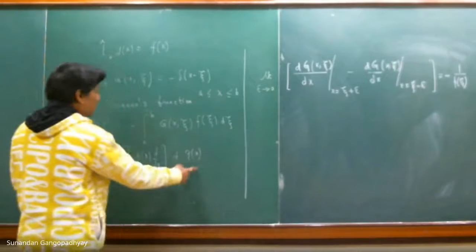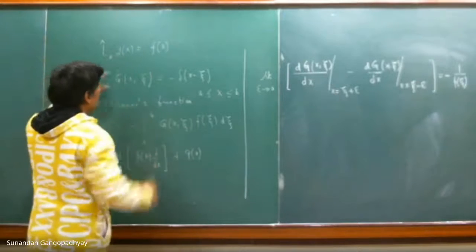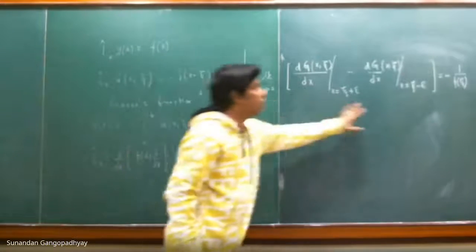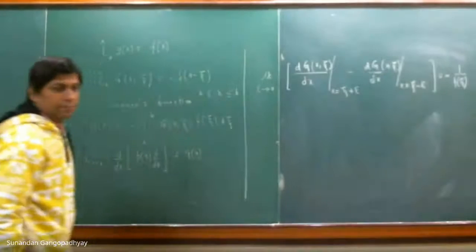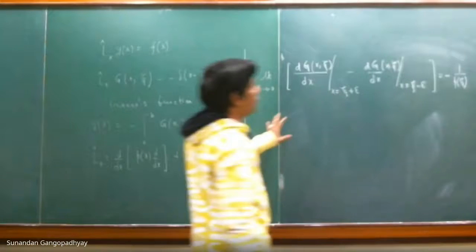So you take this form of the operator, put it over here, and then you do an integration, and that will lead us to this condition. So that we derived in the previous class.